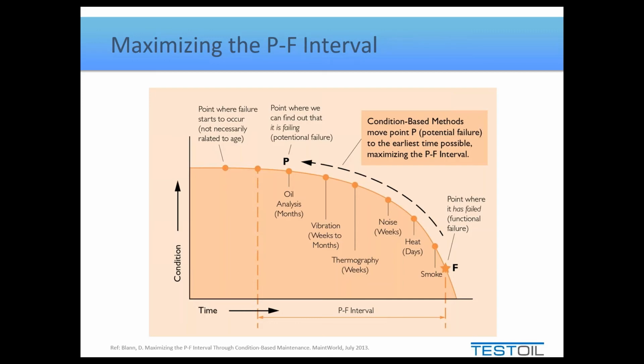That's not always the case for every type of failure, and like I said, don't get too far into what's labeled on the chart. Just understand that when we talk about improving PF intervals, we're not talking about moving F. F will happen when F happens. If we can figure out P sooner, we can plan for it better, and we can perform our maintenance activities at as low a cost and as low an impact as possible. But F will happen.